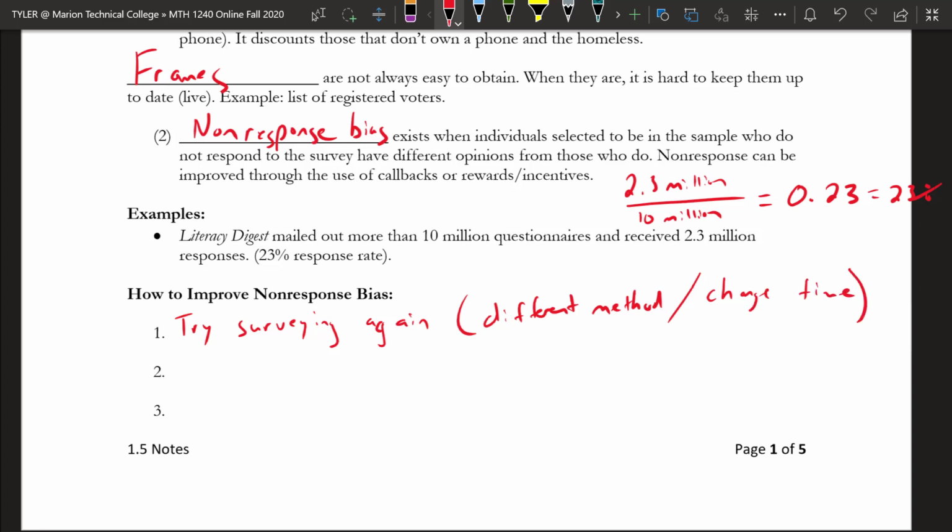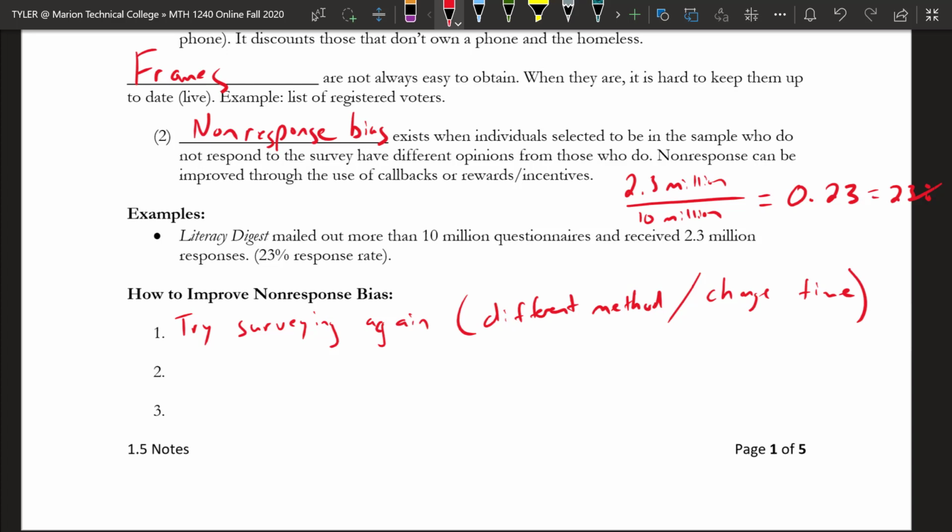Right, so for example, let's say you tried a survey by calling individuals maybe on Monday at 8 a.m. and you didn't get a good response from that survey. You might try changing the method. Maybe you try emailing, or maybe you try calling on a Tuesday night at like 7 p.m. or something, right?